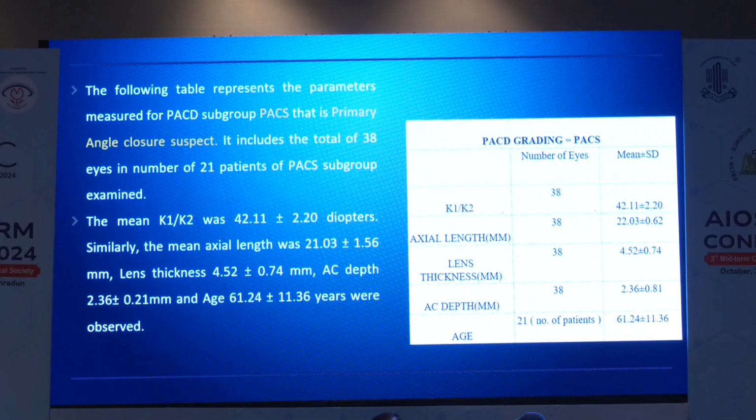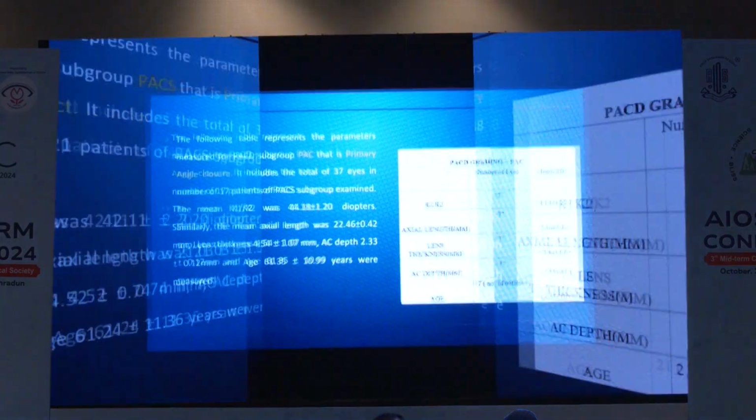Similarly, the mean axial length was 21.03 plus minus 1.56. Lens thickness was 4.52 plus minus 0.74, anterior chamber depth was 2.36 plus minus 0.121, and age was 61.24 plus minus 11.36.